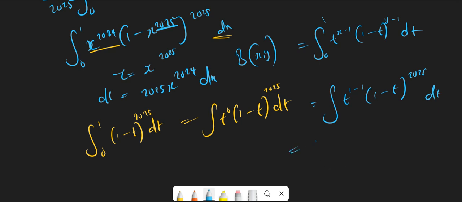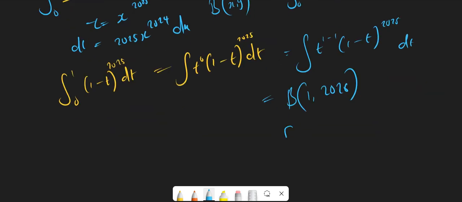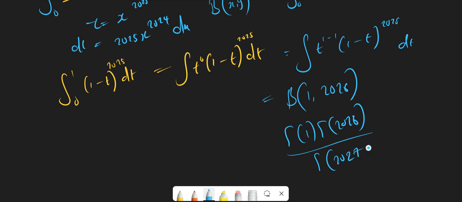So this is going to be beta of what? 1, then 2026. And we can relate this to the gamma function. Of course, this is gamma of 1 times gamma of 2026 all divided by gamma of 2027, right? Because 1 plus 2026 is 2027.